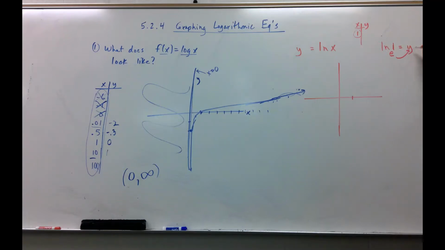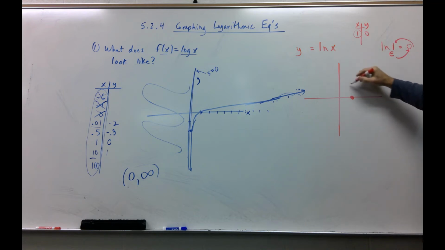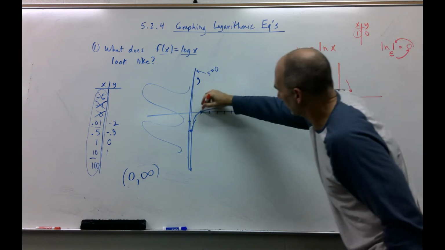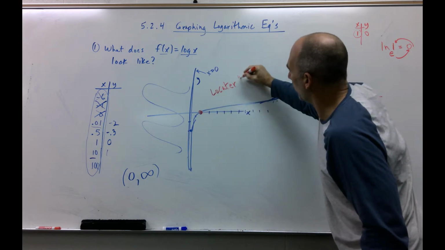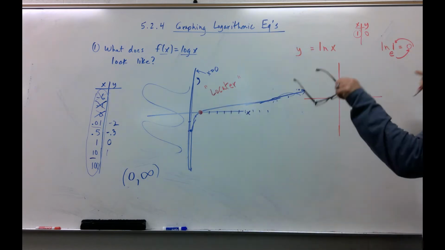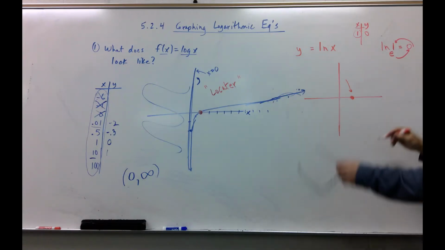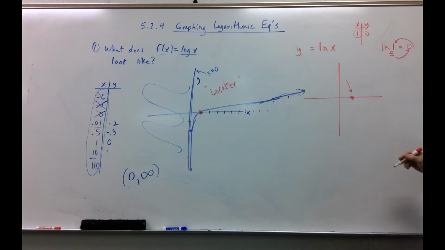E to what power is 1? Well, this has to be 0, because that's the only way you can raise anything to a power and get 1. So there is this, called right there, and I forgot to say this, these 2 points are called the locator points, because that point is 100% certain. It's kind of like your anchor point for these graphs.